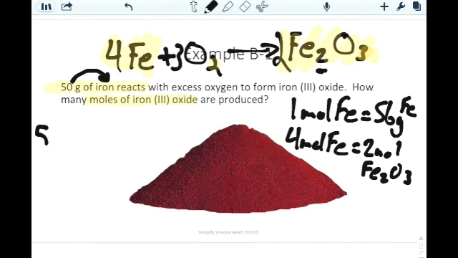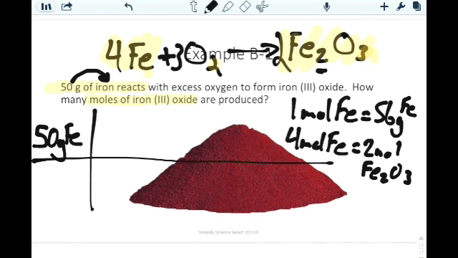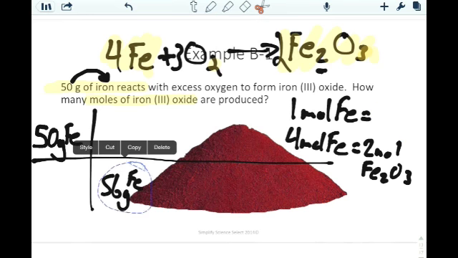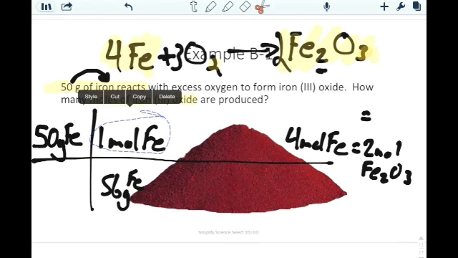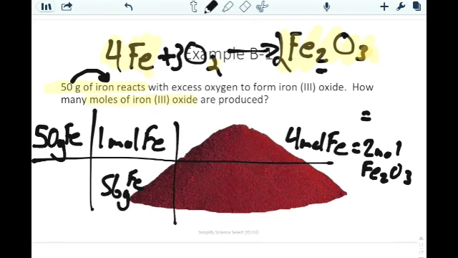So 50 grams of iron, set it up. Since this says grams of iron, I use my molar mass, 56 grams of iron. Put the other part on top, equals 1 mole of iron. Okay, keep going. And we see that now these units cancel, grams cancel.